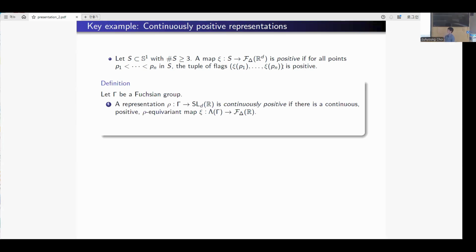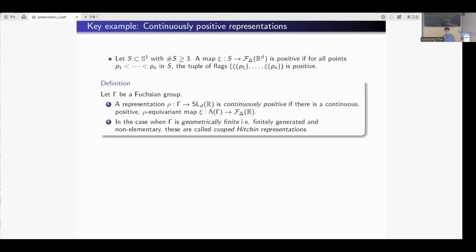I'm missing a D there. This lambda gamma is a subset of the boundary of H2, which is a circle, so there's a natural cyclic order on the lambda gamma. Positivity here makes sense. So these are positive maps.